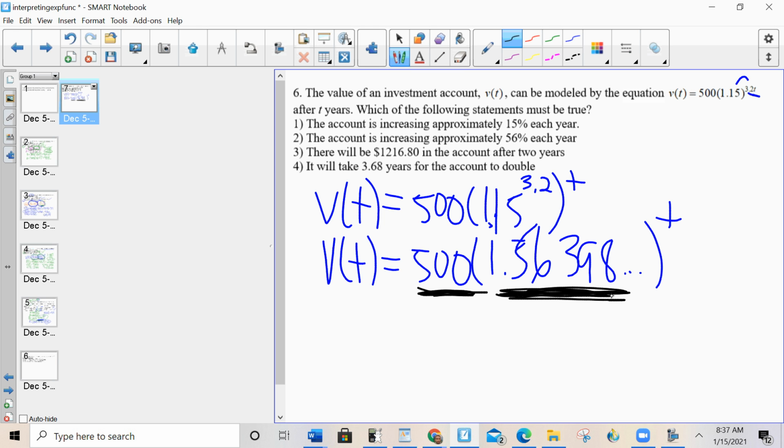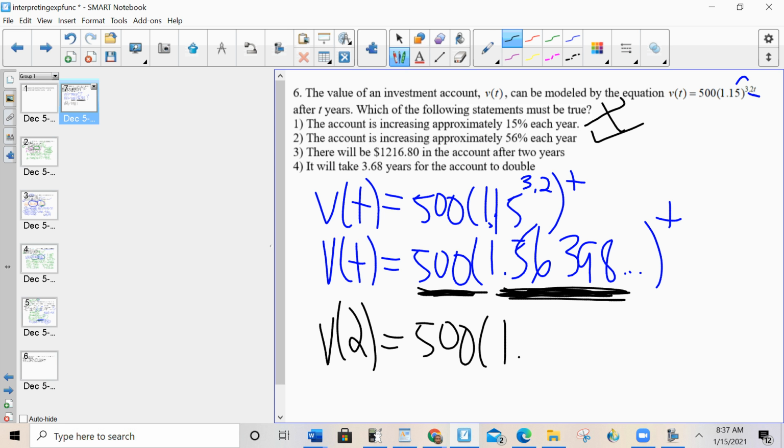Choice 3, I always have to go through all 4 choices. There will be $1,216.80 in the account after 2 years. So let's do V of 2. When you're substituting in, you can substitute into the original one, or into this one, and you'll get the same answer. But having it in this form is going to help me more with the rate.